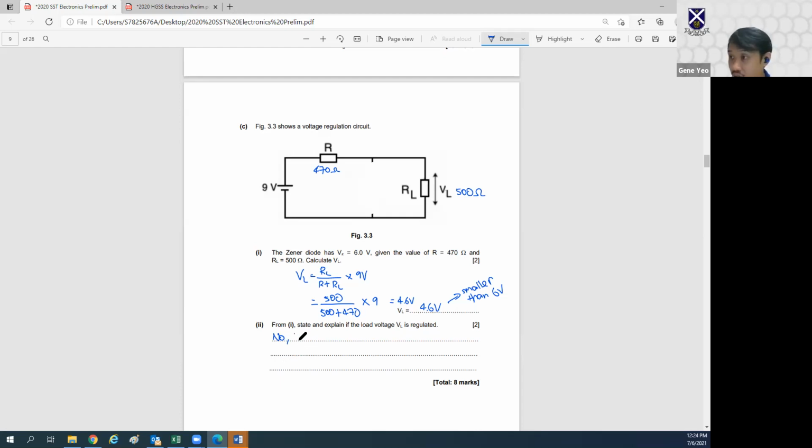Simply because VL is less than VZ, therefore the Zener diode will not hold a voltage of 6 volts, and this is the VZ across it.